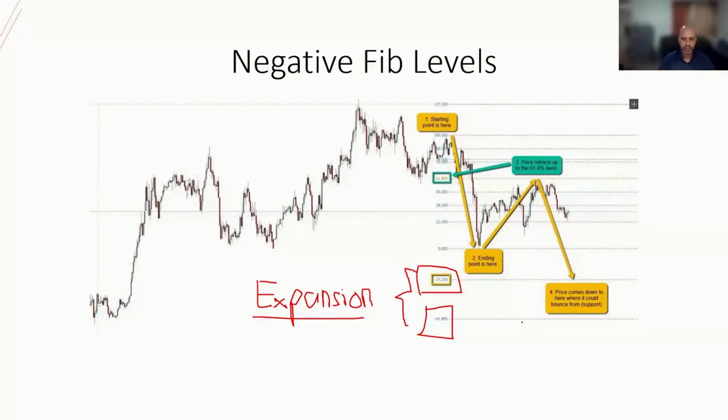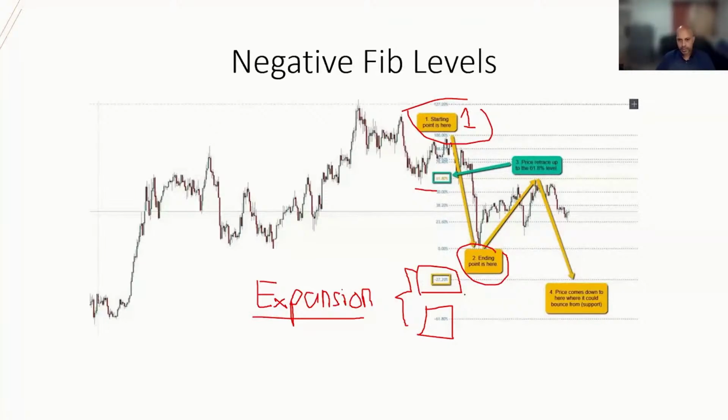Now, how can we use these expansion levels? First, you can see we started this retracement from point 1 here and ended at point 2, and we can also see 50% is here.